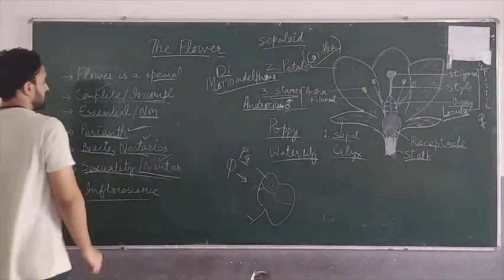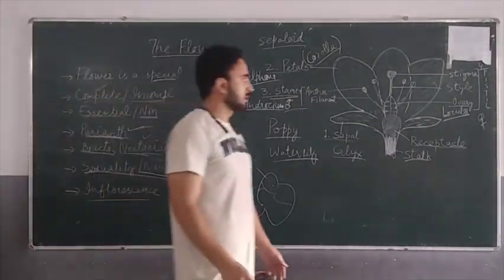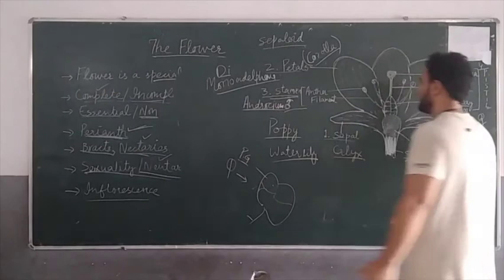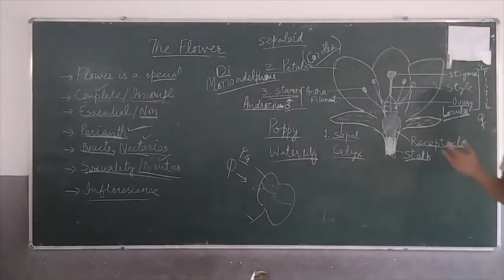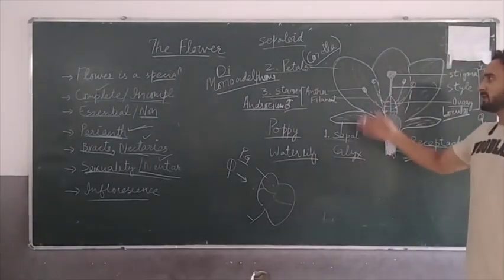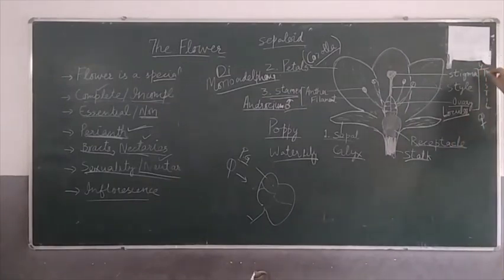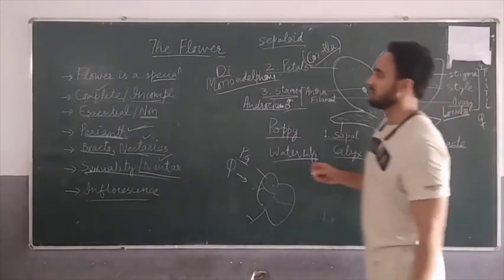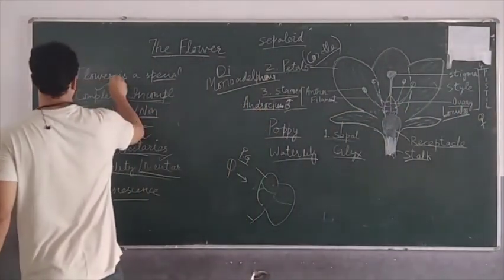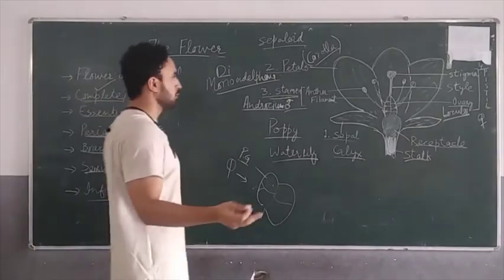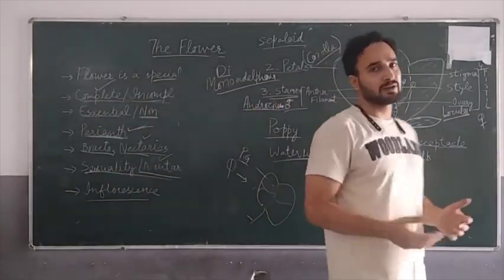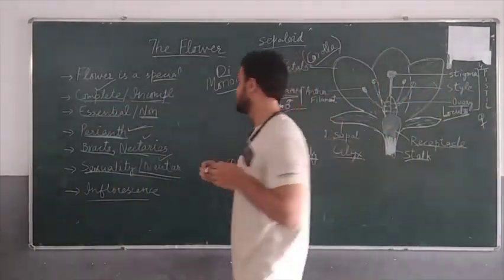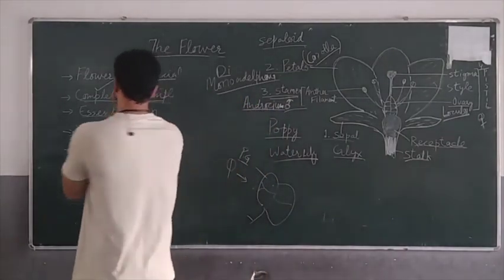Now we shall study what is a complete and an incomplete flower. A complete flower is a flower in which all the four floral whorls are present: sepal, petal, androecium, and gynoecium. Pistils we collectively call the gynoecium. Now, what is an incomplete flower?